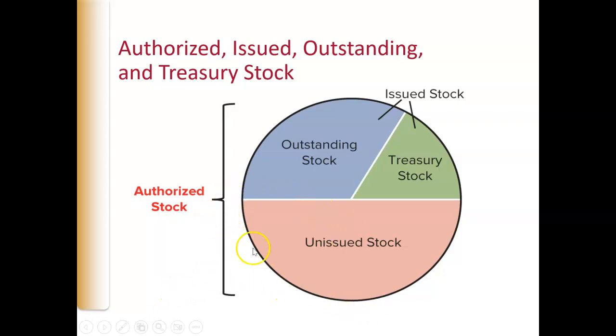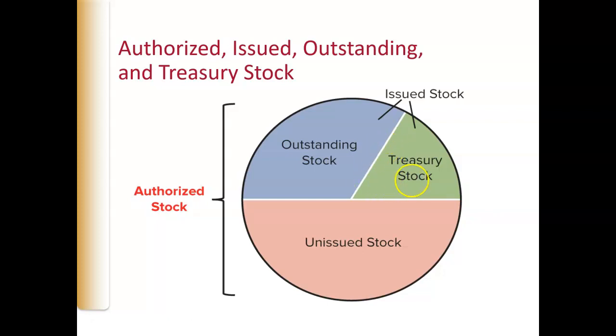There may be stock that's been unissued. It's not been ever issued. There's outstanding stock, that which individuals have shares of. And then there's treasury stock. Now this section here, the outstanding and the treasury stock, is issued stock.